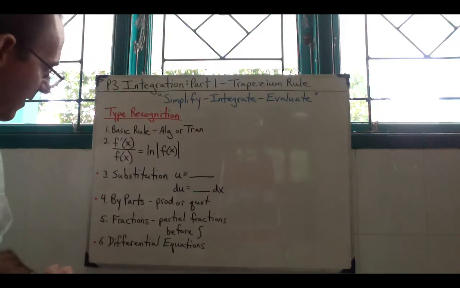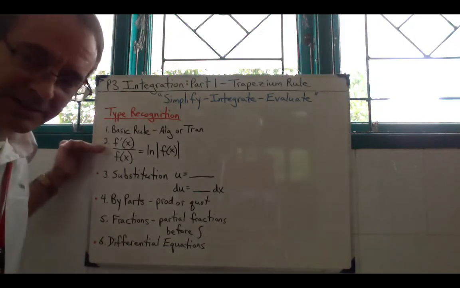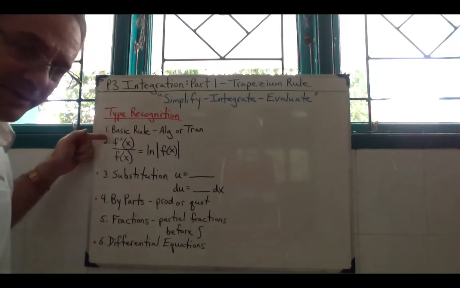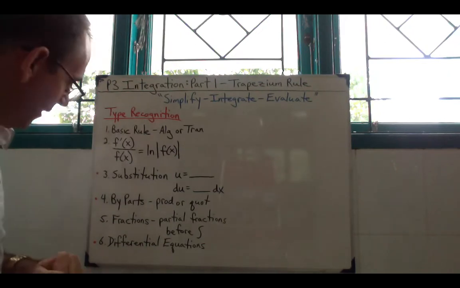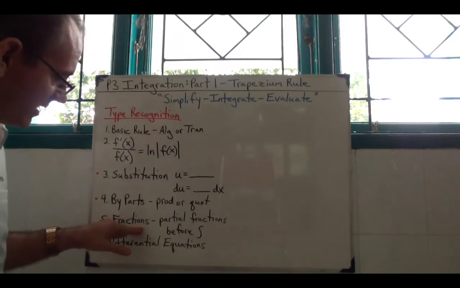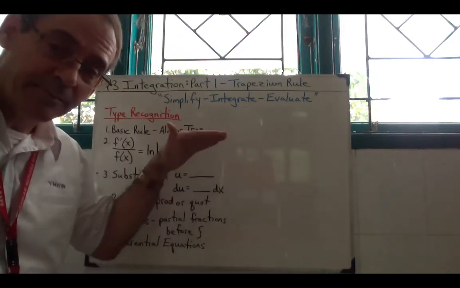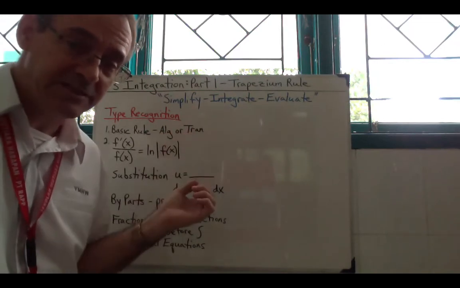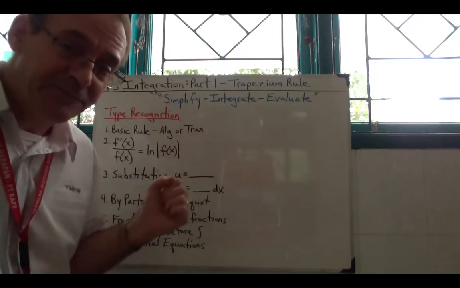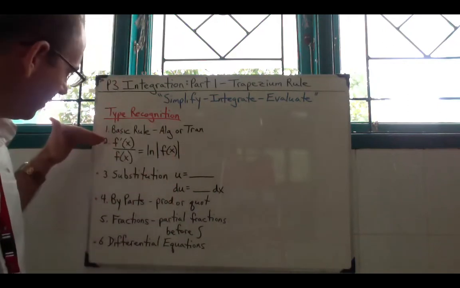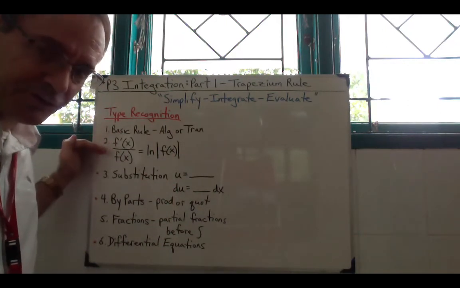Then number 5 is maybe you have a fraction that is not in the form where the top is the derivative of the bottom. So in those cases, it still might be a polynomial on the bottom or top, or especially it could be in factored form. But the point is, it doesn't fit number 2.